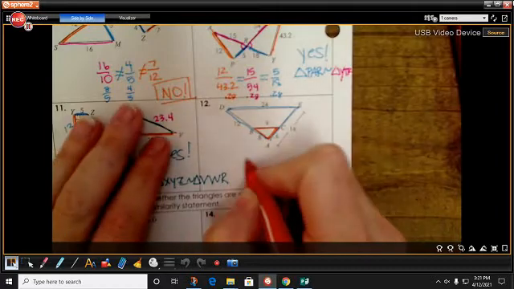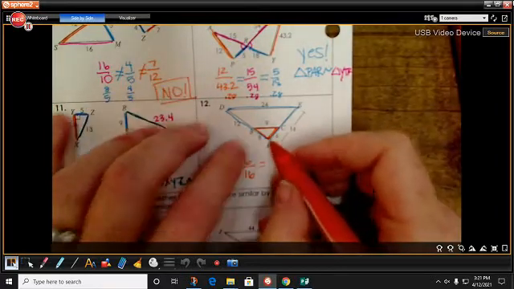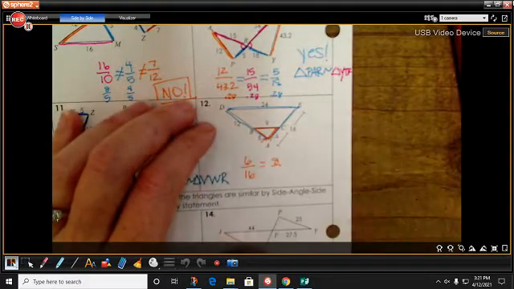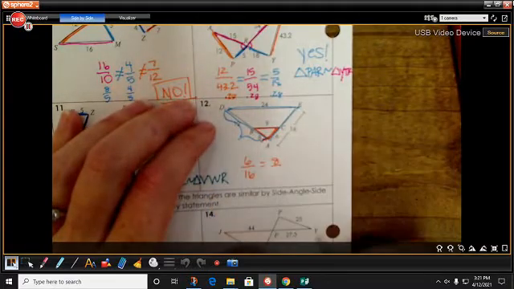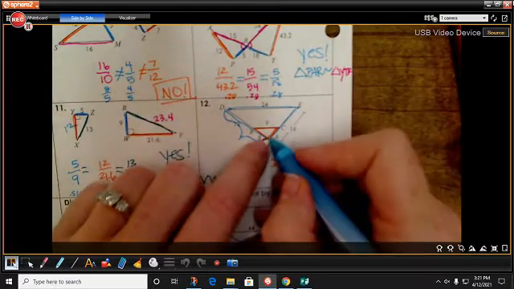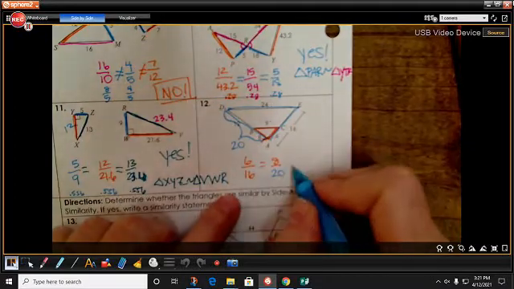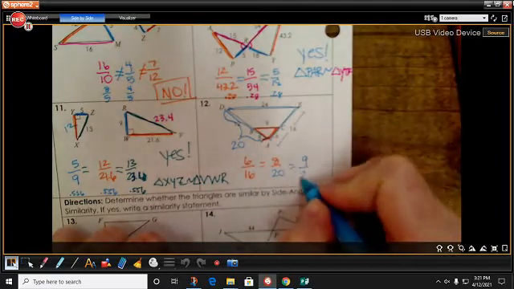So I'm going to have 6 going with my 16, which means here I'm going to have the 8 going with however long this whole side of my blue triangle will be. Well, it's 8 plus 12, which is 20. And then my last set of sides, I'm going to have 9 going with 24.